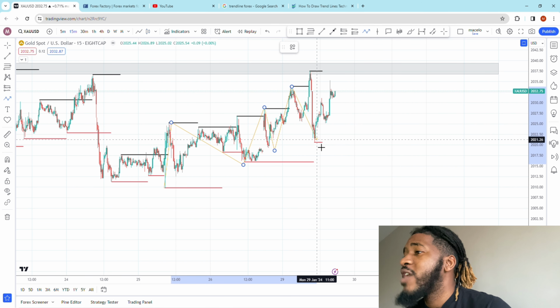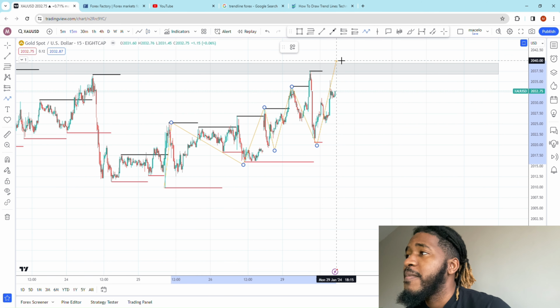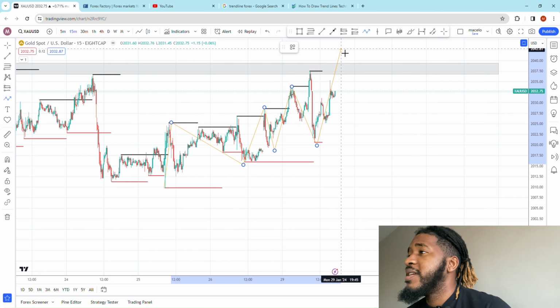So I can now try to anticipate that this could go higher, but I also have to understand that I have to wait for this high to get broken in order for this to become a higher low. This is not considered a higher low as yet until this creates a higher high. So I hope that makes sense to you guys.